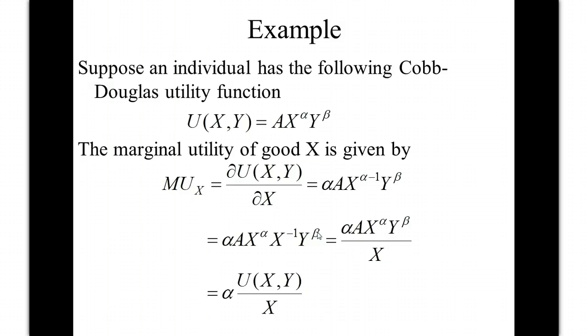They primarily used it for production. They were looking at production functions, but it's equally as applicable for utility functions. With production functions, the number clearly matters. With production functions, the goods they were looking at were inputs. What were the inputs into the production function? So if you had a certain amount of human capital, a certain amount of raw material, a certain amount of machinery, how much could you produce?